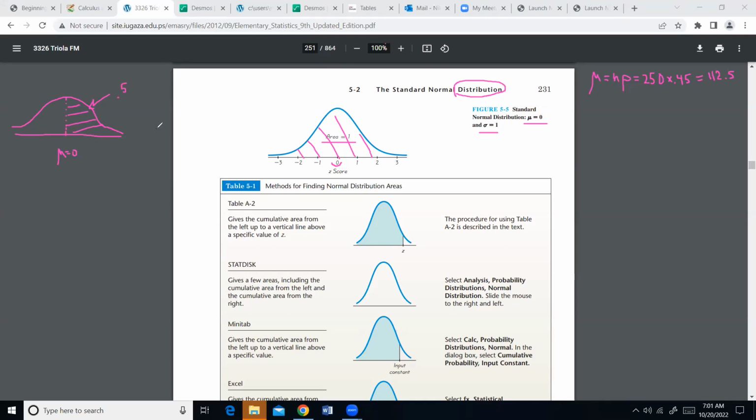So half of the area is to the left or to the right from the mean. So that's why people try to describe this area the following way.